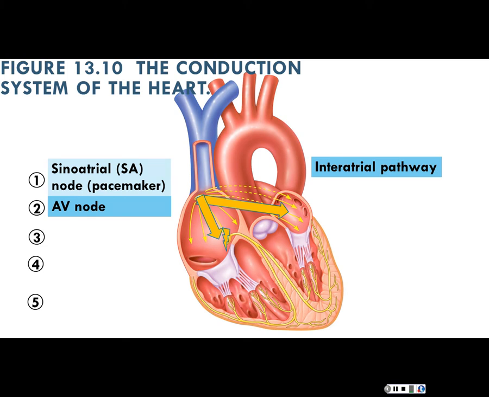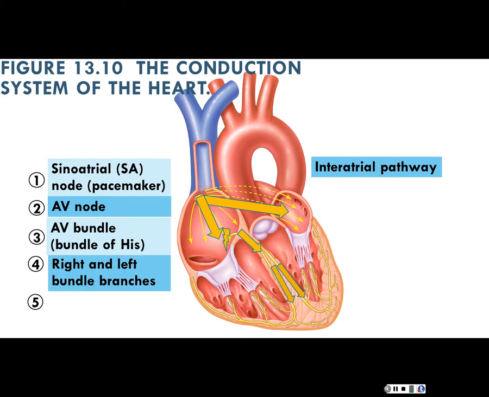The AV node will conduct action potentials through a set of fibers shown here in yellow called the AV bundle, or you may call it the bundle of His. A person named it. You may note that the bundle splits into the right and left sides.